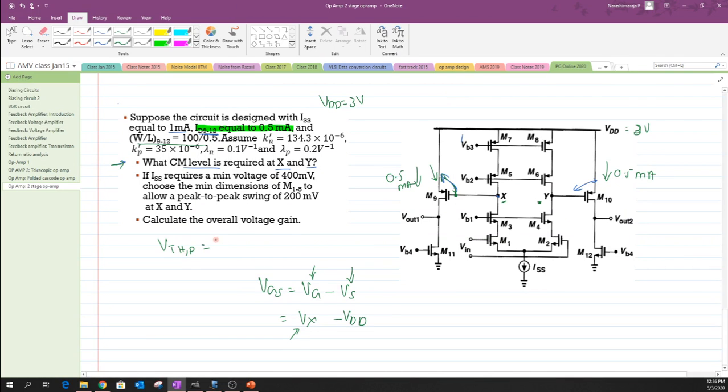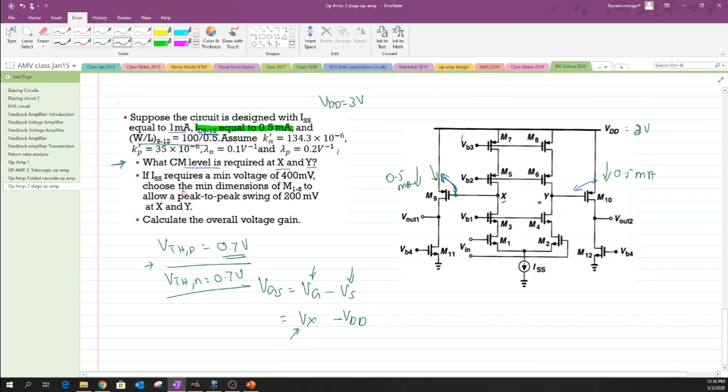I think you can just use this value to be 0.7 volt for both NMOS and PMOS. Okay. So use this as your threshold voltage, and again I'm sorry that this value is not specified here. Use this threshold voltage in order to compute the value of VGS out of this VOE. And the same value one could use for the threshold voltage of the NMOS device as well. Okay. So use these values in order to compute it.